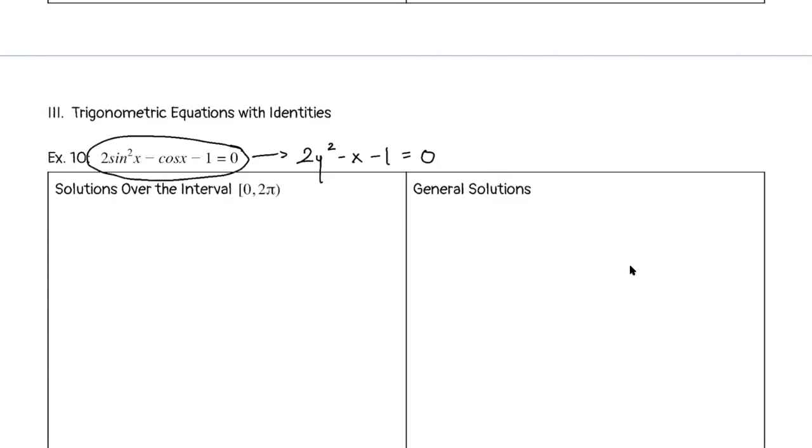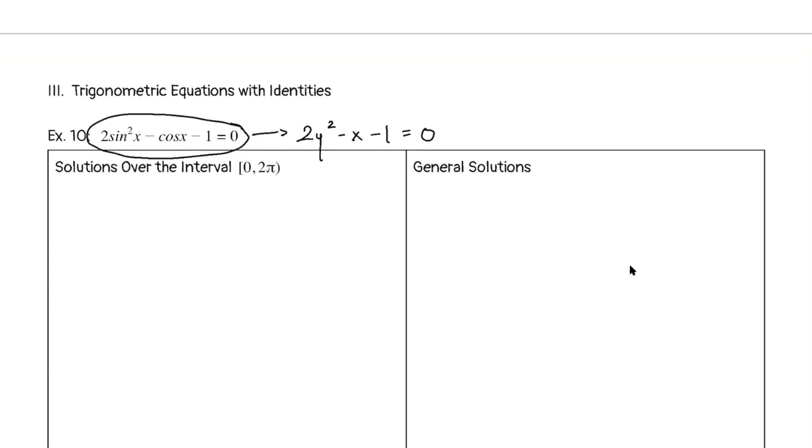Okay, this is the key here. So sine squared minus 1. Are you thinking about this identity?